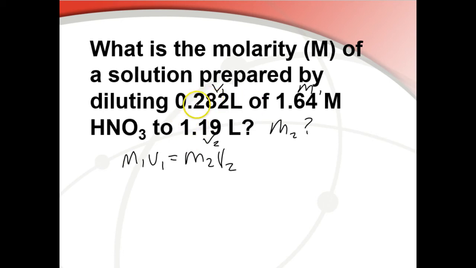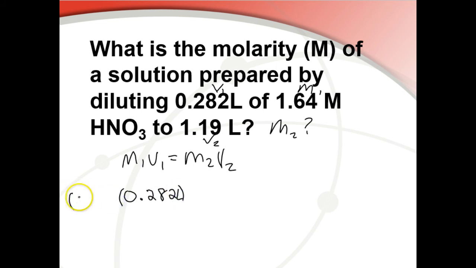It starts out at 282 milliliters, and then it's almost 10 times, well, 5 times as much, right? So since it's 5 times as much, I know my molarity should decrease by about that. So make sure your answer makes sense logically as well as mathematically.